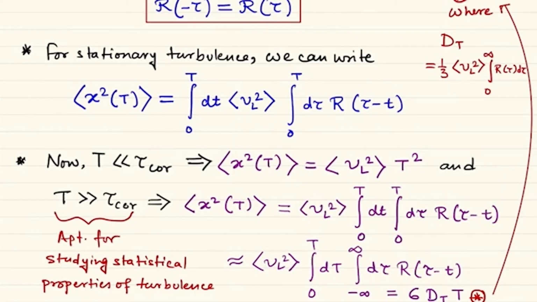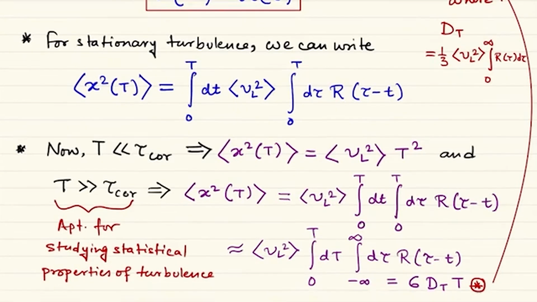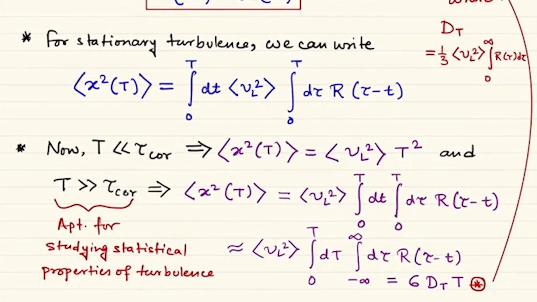Now let's say we want to check the statistical properties of turbulence. Then we have to investigate the system's behavior at times which are very much greater than the correlation time. Only then will we check the statistical properties of the turbulence.